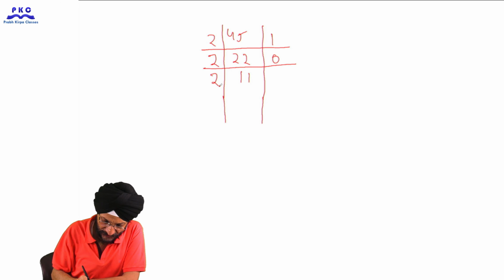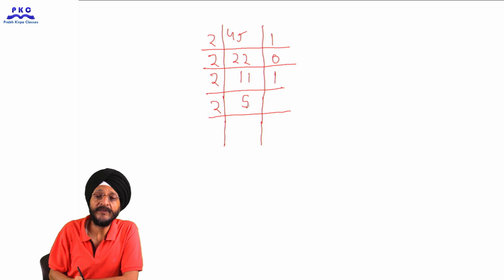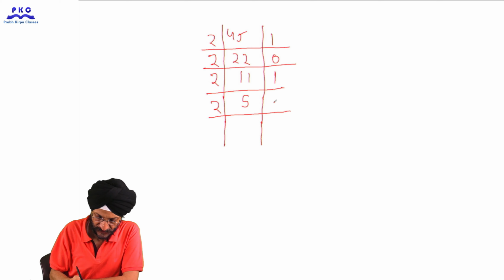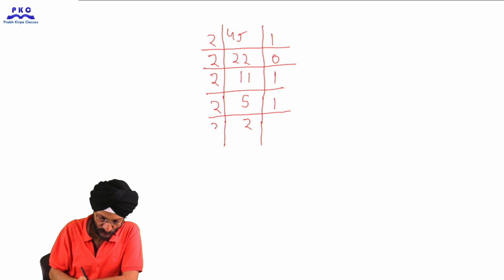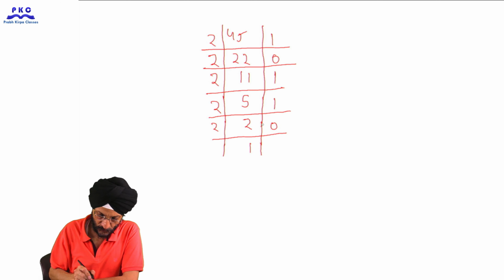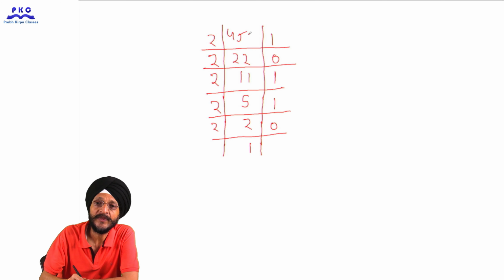Now 11 is divided by 2, remainder is 1. 5 is divided by 2, remainder is 1. 2 divided by 2, remainder is 0. Here, each time the value we get is being divided by 2.